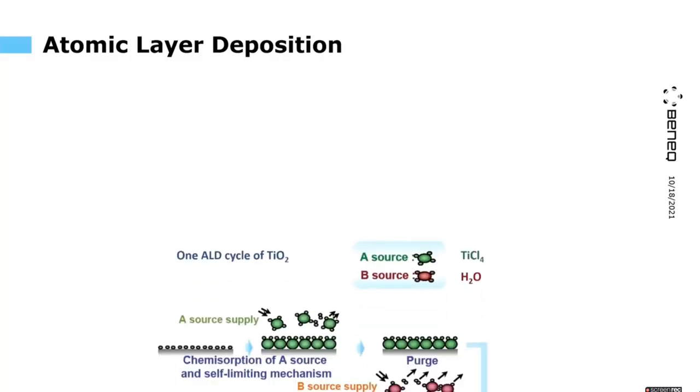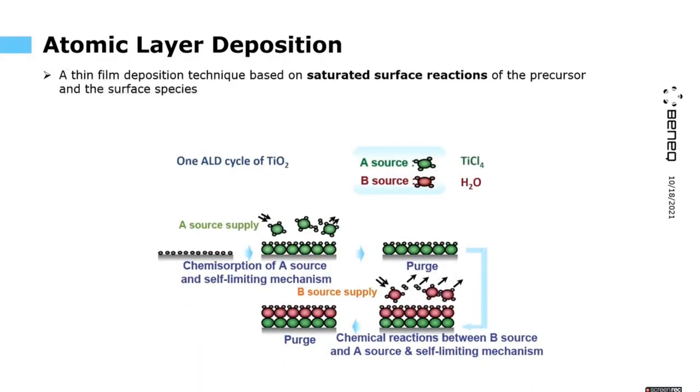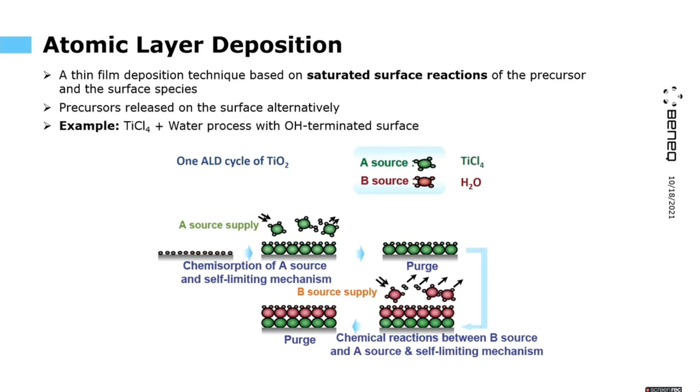So just a few words about atomic layer deposition. It basically is a chemical vapor deposition method where we control the film growth on the surface. It's based on saturated surface reactions, and the precursors are released onto the surface alternately. This example here is for titanium dioxide using 2 precursors, titanium tetrachloride and water.